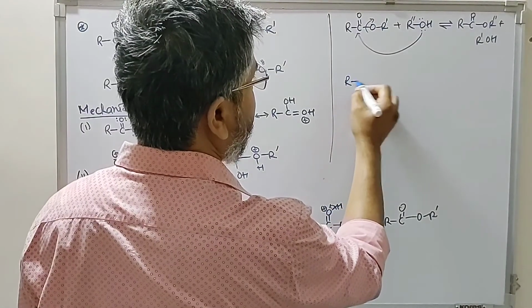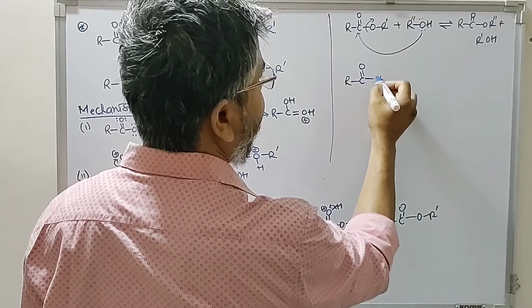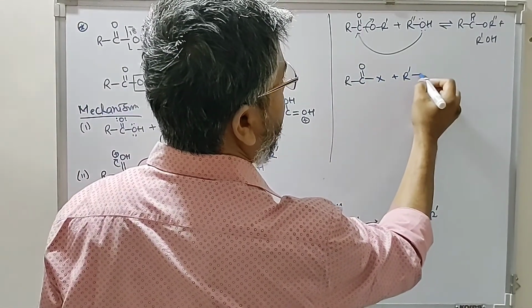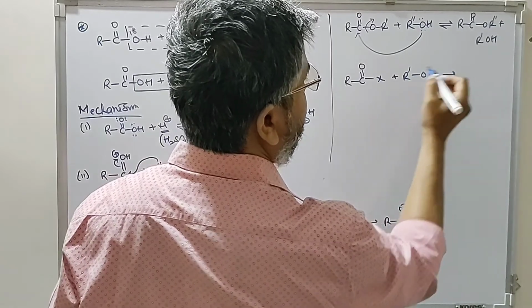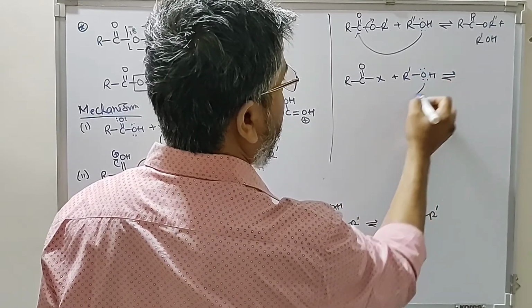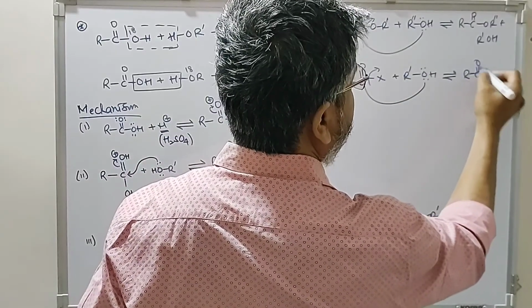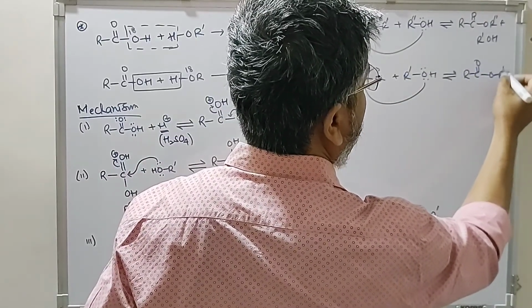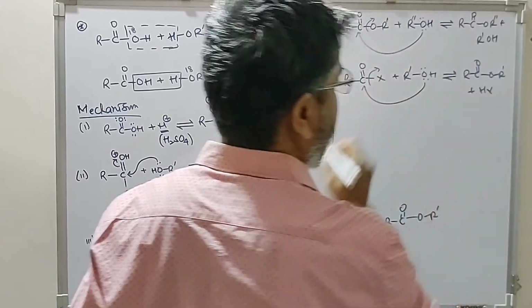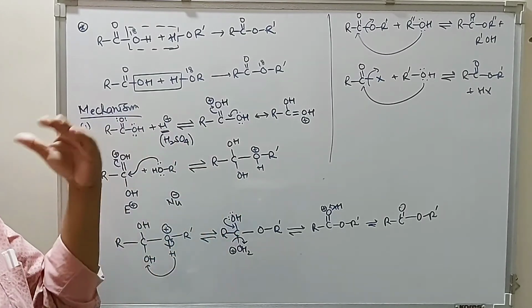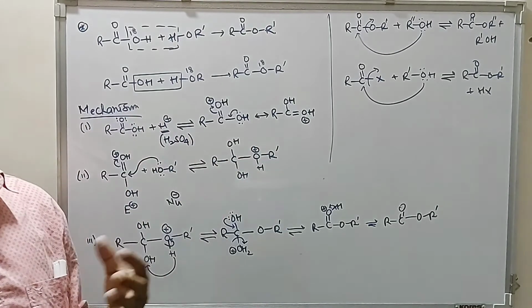Look at this, we have this RC double bond OX acid halide reacts with ROH. This is alcohol. So again we have this esterification reaction, OR prime plus HX. So these reactions simply prove the acidic nature of alcohols.